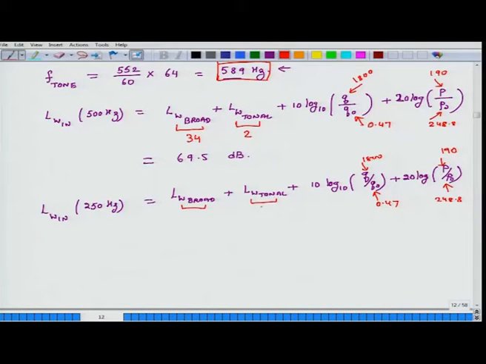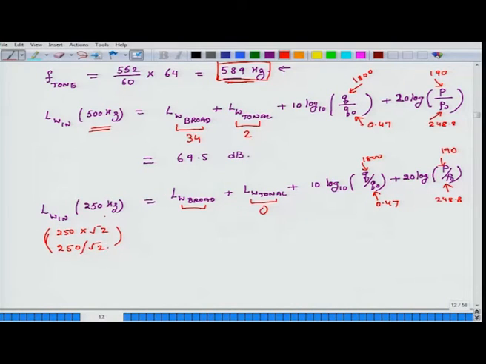It will be 0. Why? Because this frequency lies only in the 500 hertz band. It does not lie in the 250 hertz band. What does 250 hertz band mean? It means all the frequencies lying between 250 divided by root 2 and 250 times root 2.